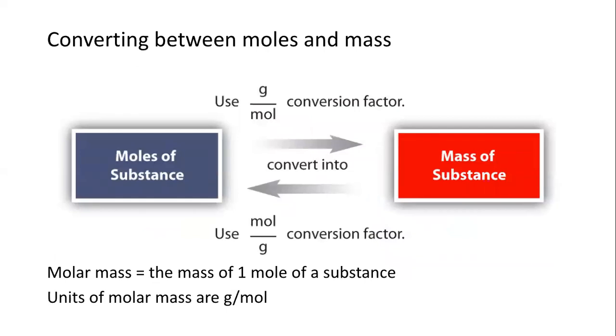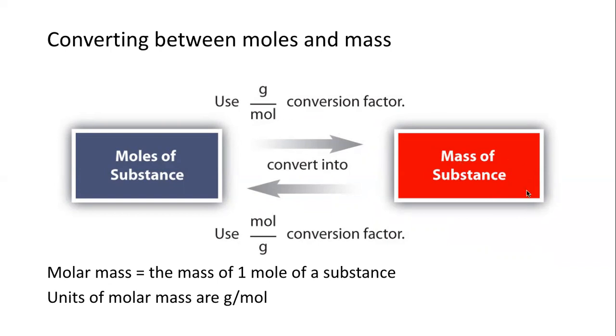So we can convert between moles and mass by using a grams per mole conversion factor. If we have the moles of a substance, we can convert to the mass of a substance, having the grams on the top of our equation with moles on the bottom.